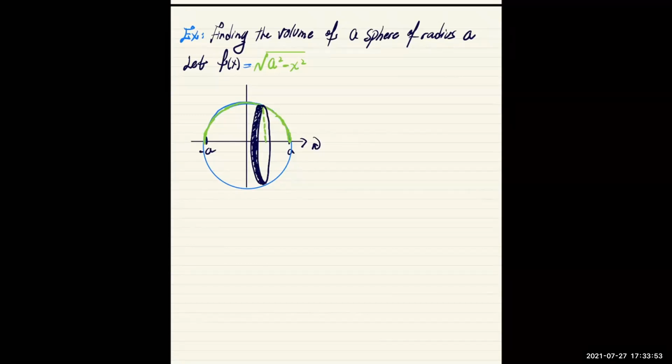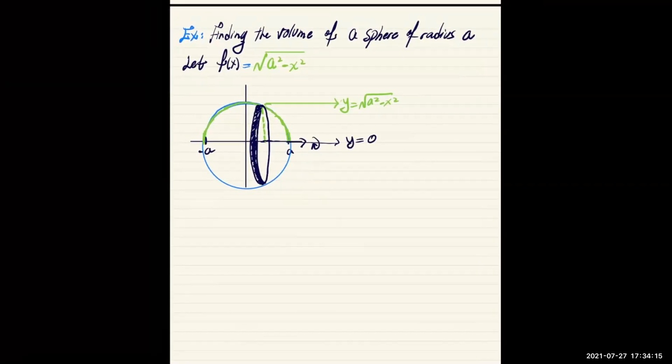On top, this top y is y equal to the square root of a squared minus x squared, and the bottom y, the center of this radius, is just y equal to 0. Therefore, the radius here is equal to the top function minus the bottom function, minus 0. So here the radius is just the square root of a squared minus x squared.